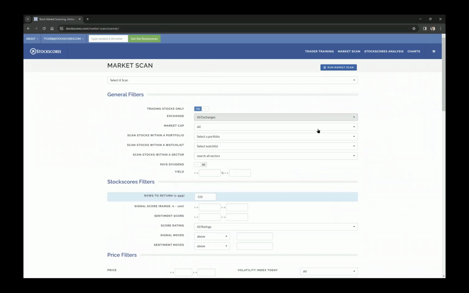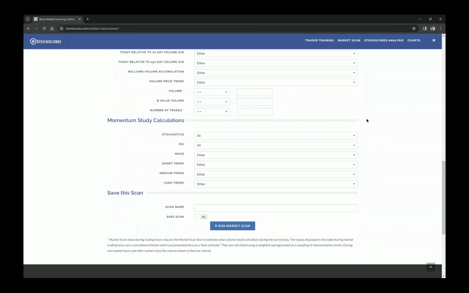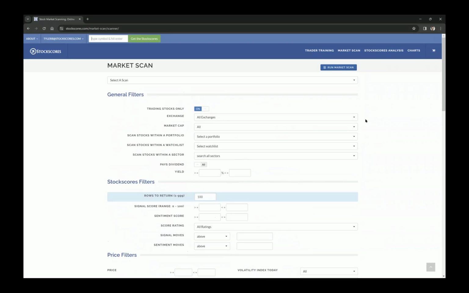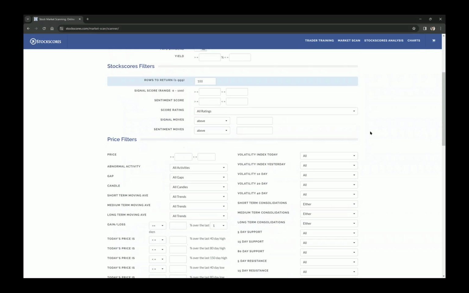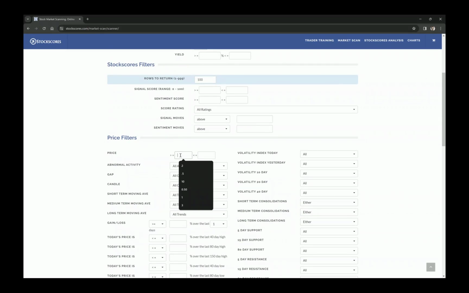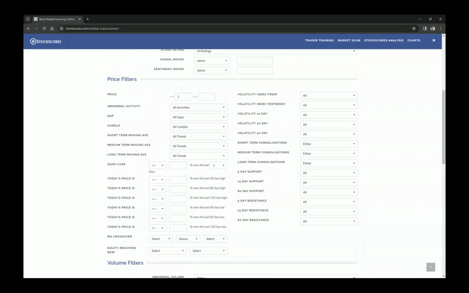It's called the Market Scan, and it has all these filters available to us. So let's say I'm a Canadian, I'm looking for a stock to put in my retirement savings, my RRSP. I could say search all Canadian markets for stocks that are greater than $2, that have a sentiment stock score of at least 50 and pay a dividend of at least 3%.